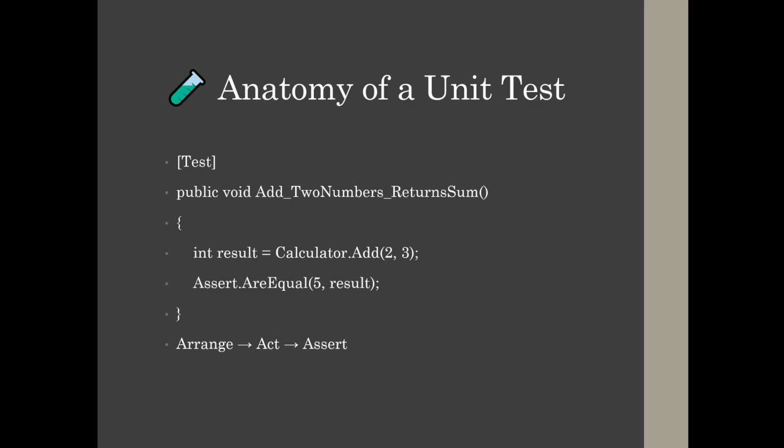Then we assert. Assertions verify that the result matches your expectations. So Assert.AreEqual, we know if we take 2 and 3 and add those together, we get 5. So 5 is our expected result. And then we are checking, does the value of the result variable actually equal 5?